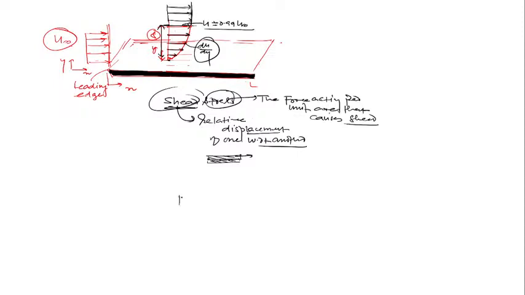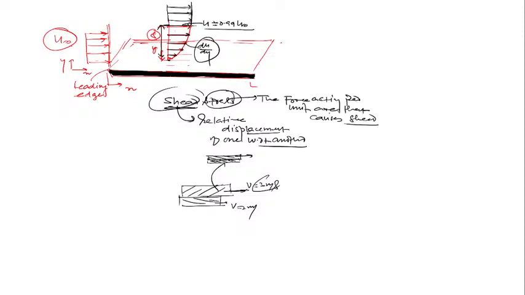For example, let's say one block is there and another block is here, and this block is moving with a velocity of 2 meter per second and this is moving with 3 meter per second, which means the upper block has a relative velocity of 1 meter per second with respect to the second layer. Yes or no?